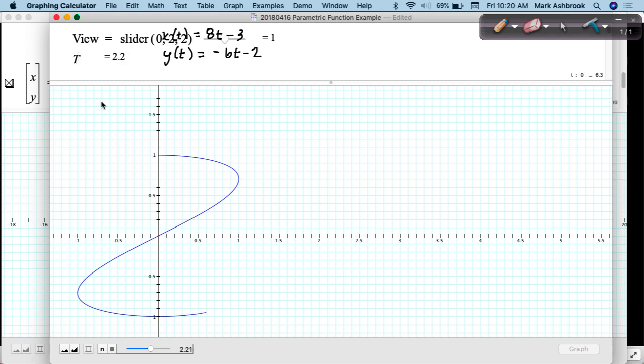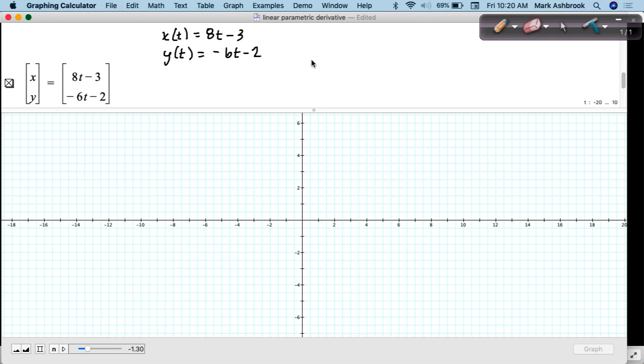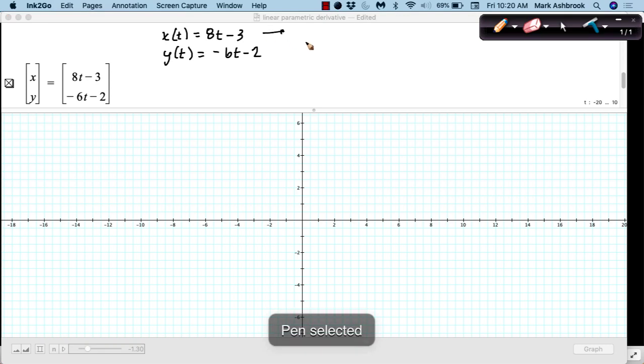Okay, so the question is, what about this one? Can we eliminate t and get an equation of x and y? And then maybe we can answer the question, is y a function of x? So we could solve this for t. x plus 3 equals 8t, and what does t equal?